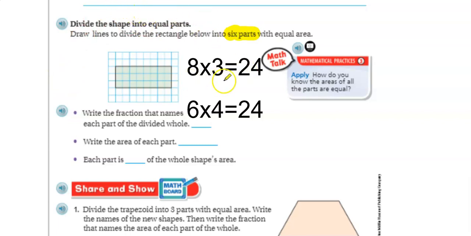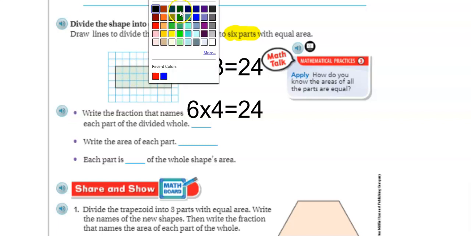All right, so we did some multiplication. We saw 8 across times 3 gave us 24. We know we had to divide it into 6 parts, and we know that 6 times 4 is 24. So that's really going to help us out. Let me get back to my pen, and we'll get back to drawing some lines. All right, so let's do some really thin lines here, and we can go down.